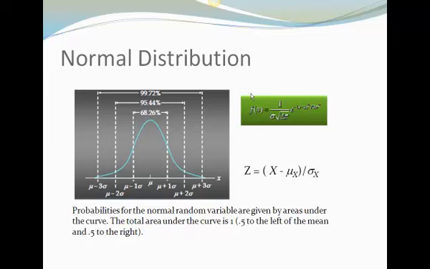It's centered around the mean, so the mean is the average, the middle number, and then if your data is normally distributed, then 68% will be within one standard deviation of the mean, 95% within 2 standard deviations, and 99% within 3 standard deviations.